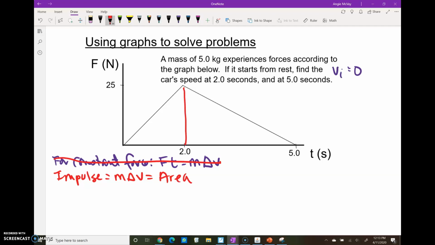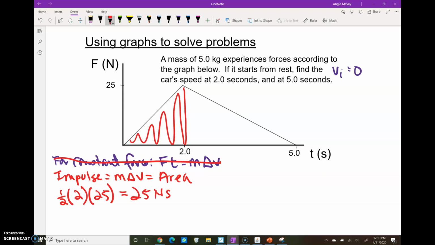So at 2 seconds, if we wanted to find the impulse that the 5 kilogram mass experienced, we'd have to find the area under the curve. So the area would be 1/2 base, right, which is the time, 2 seconds, times height of 25 newtons. And we get an area of 1/2 of 2 is 1 times 25 is 25 Newton seconds, which is our impulse.